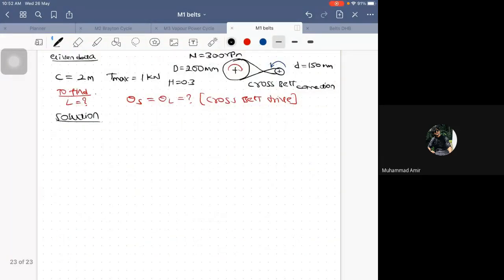Now, for this solution, the first one asked is the length of the belt. It's your task to refer to the data handbook and give me the formula or hints through which I can calculate the length of the belt for the given belt arrangement. Just check the data handbook and give me the right equation number.